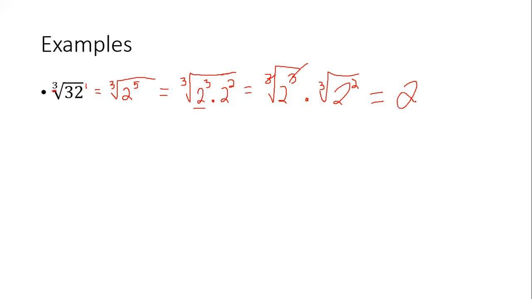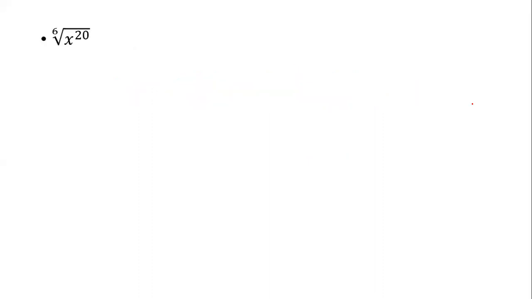Lumabas yung 2. Then, we have the cube root of 2 squared, or that is equivalent to 4. So, yung 2 squared, equivalent po yan sa 4. I hope mayroon po kayo naintindihan dyan sa ating first example. More examples to come.